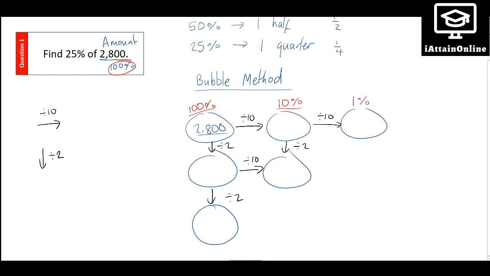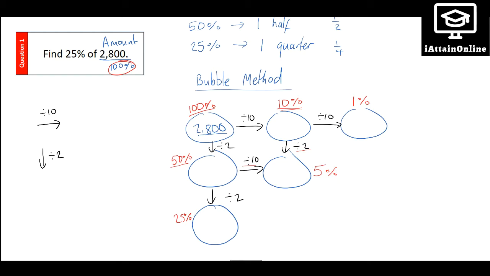So 100% divided by 2 would give you 50%, and 50% divided by 2 gives you 25%. Okay, now to find this bubble here, you can either do 50% divided by 10 or 10% divided by 2. Either way, you're going to get 5%.